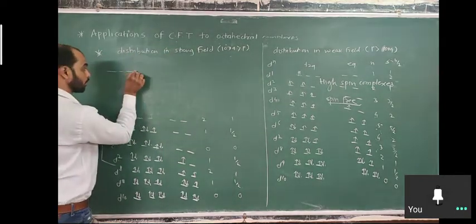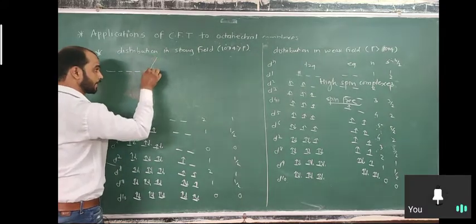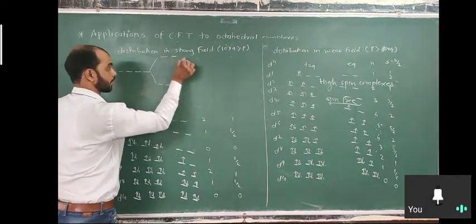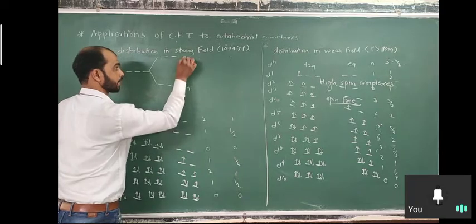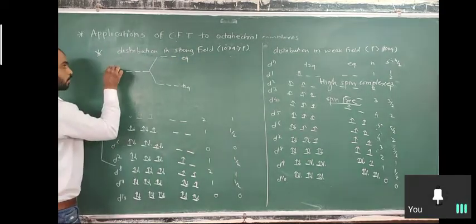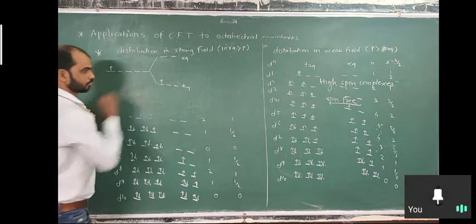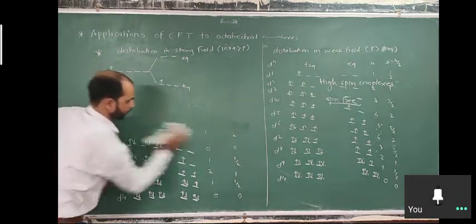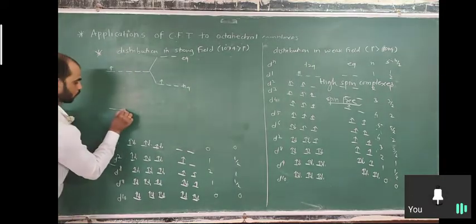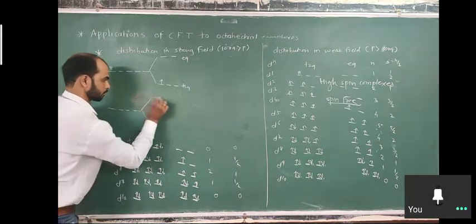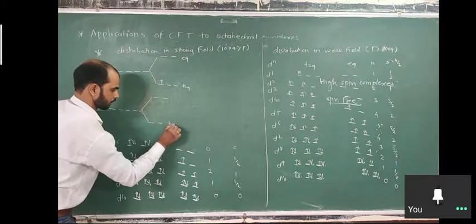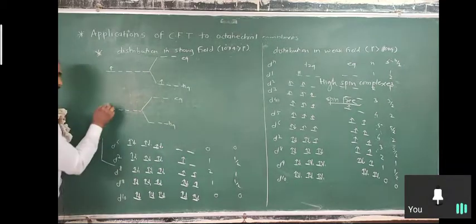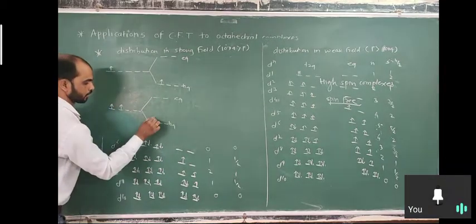You draw the 5 d orbitals, then splitting, T2G, EG. Here how many electrons? 1 electron. So this is for D1 system. 1, 2, 3, 4, 5. T2G, EG. How many electrons? 2 electrons. So 1, 2.